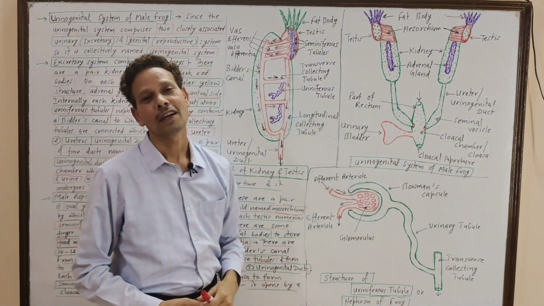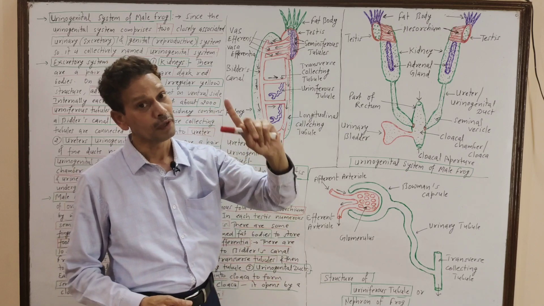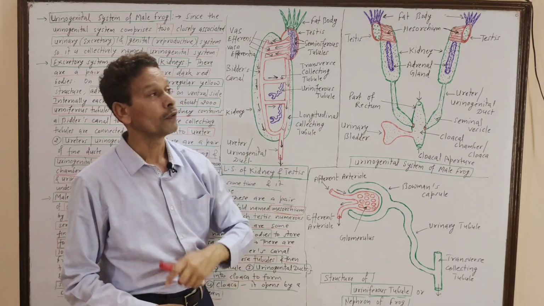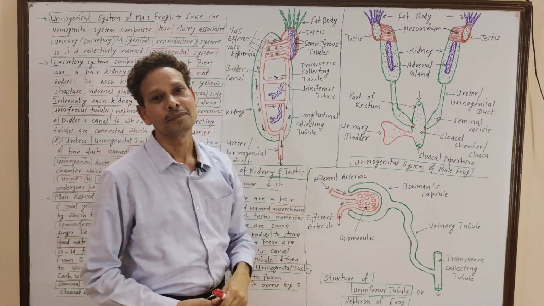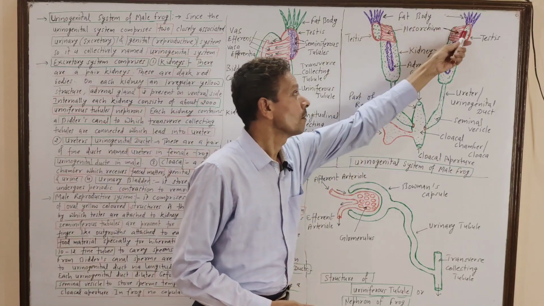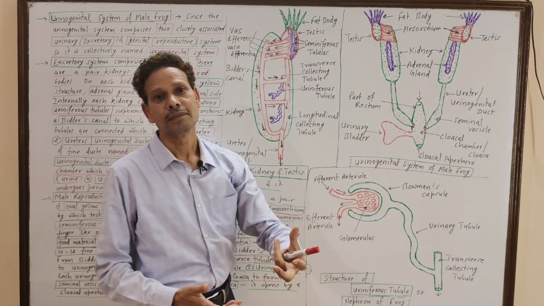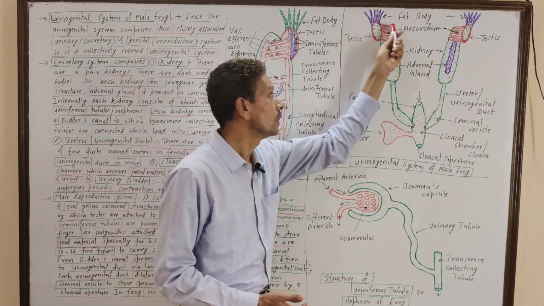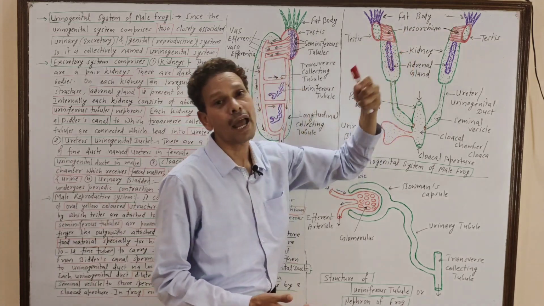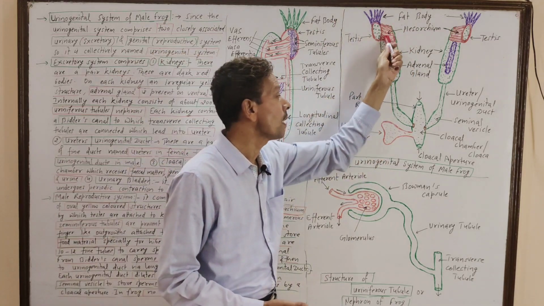And this cloaca opens by the cloacal aperture. In the male reproductive system of the frog, a pair of male gonads, the testes, remain attached with the kidney and abdominal wall by this membranous fold.